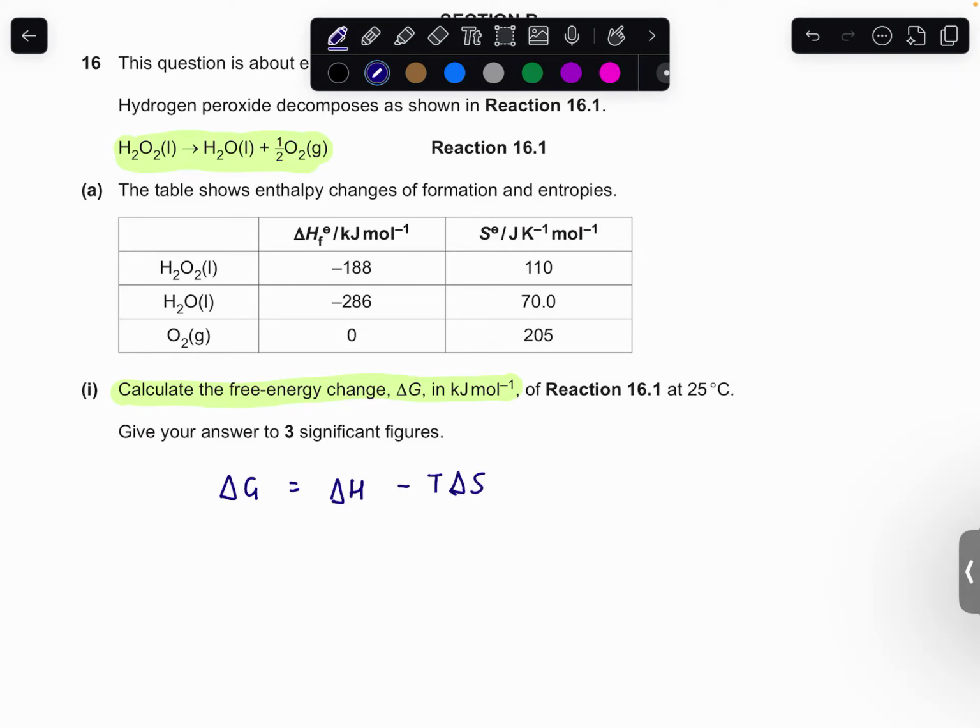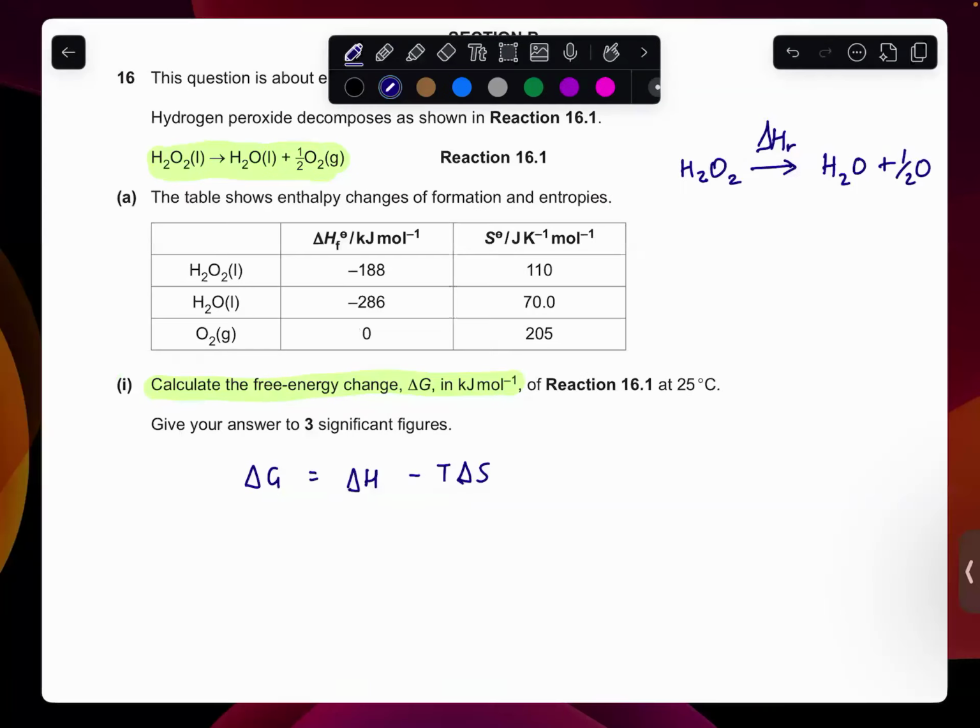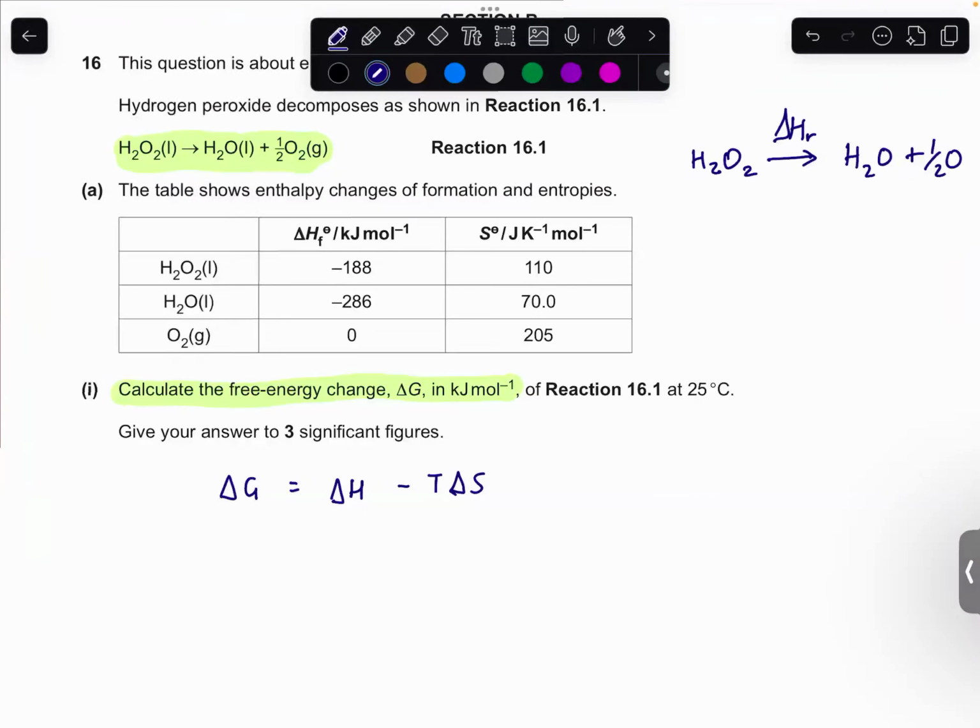And delta H, we need to work out the enthalpy change of the reaction. And you see, they've given us formation values. So we need to work out the enthalpy change of the reaction using formation values. This is your enthalpy change of the reaction, and the formation will be from its elements in their standard state.